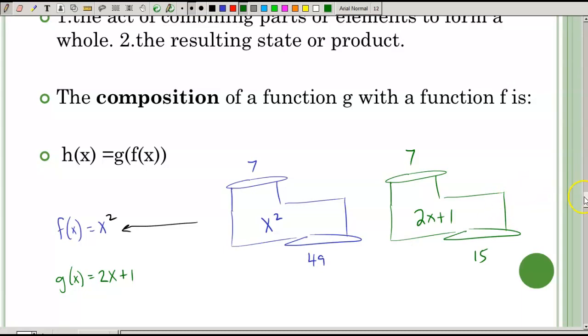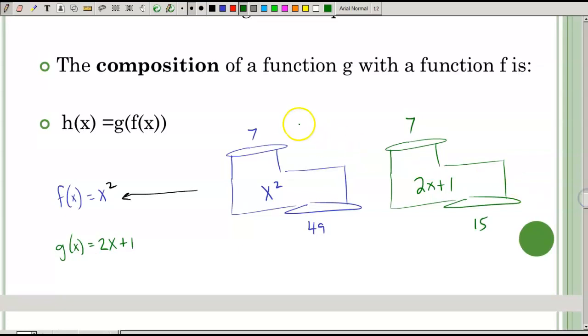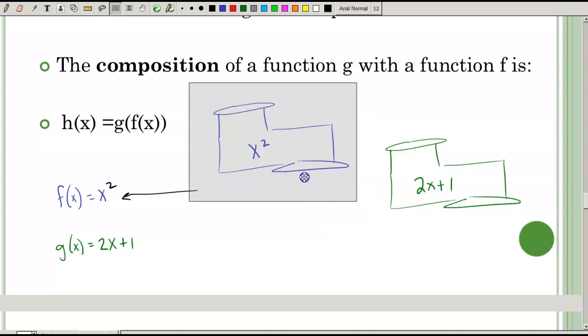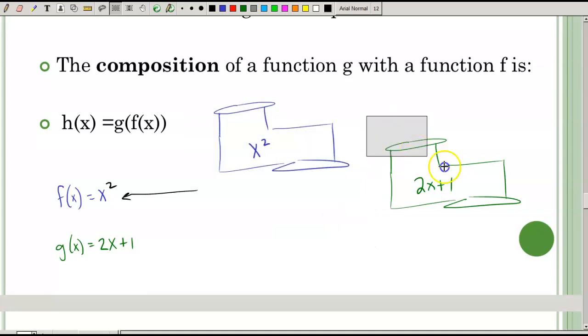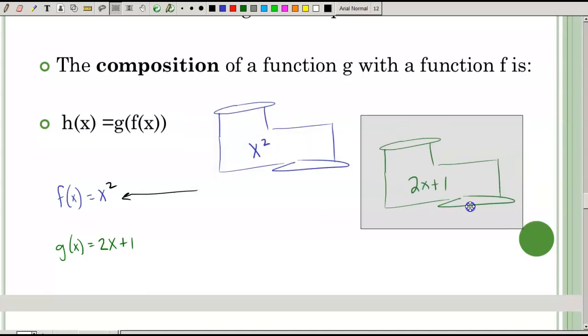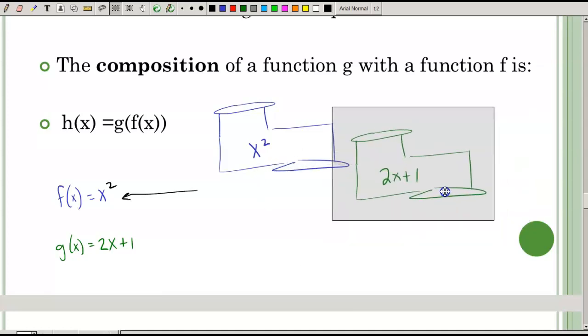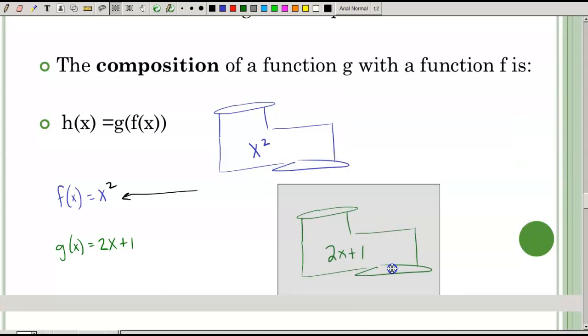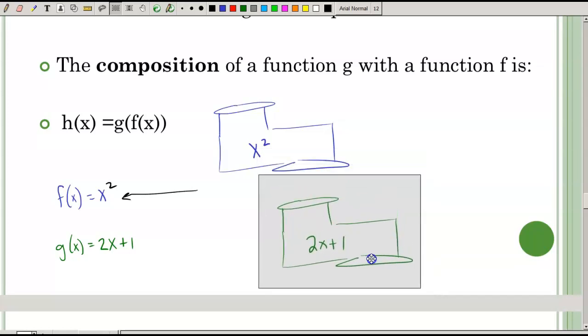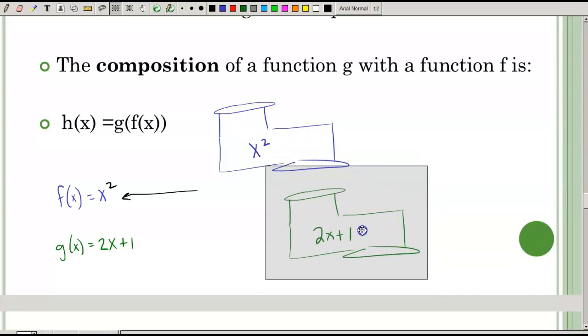Now, if I wanted to compose these functions, what I would do is something like this. Let me get rid of these specific numbers. Let's say I took this function right here and connected it with this function right here. It would almost be like taking this Lego piece and plugging it into this Lego piece so that this whole thing becomes one function.